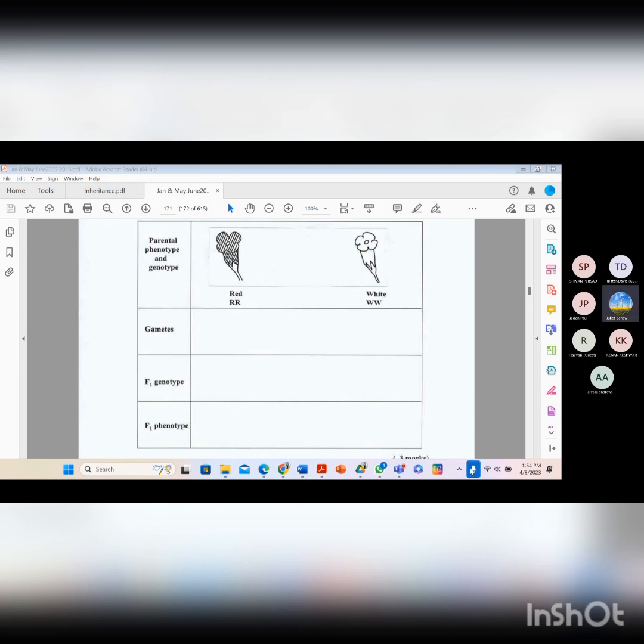If you're finished, feel free to share your ratio. You can write it in the group chat, just tell us what ratio you got, or you can unmute yourself in class and tell me.